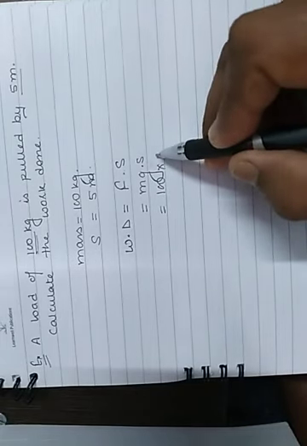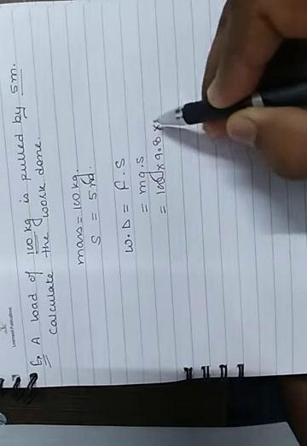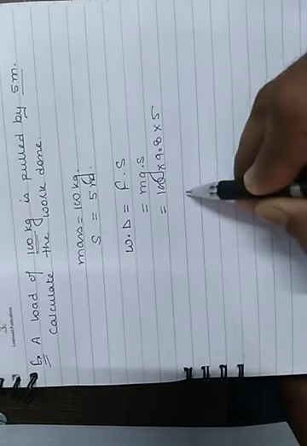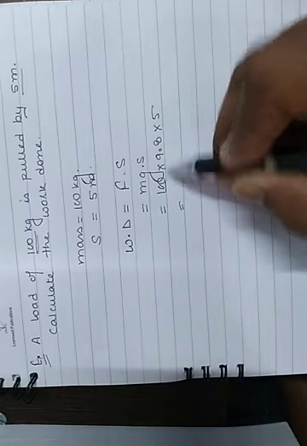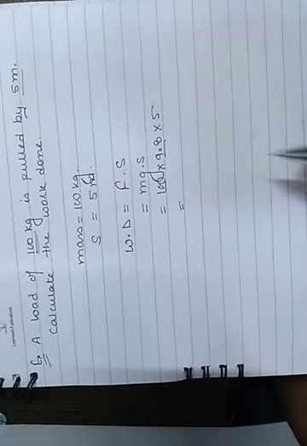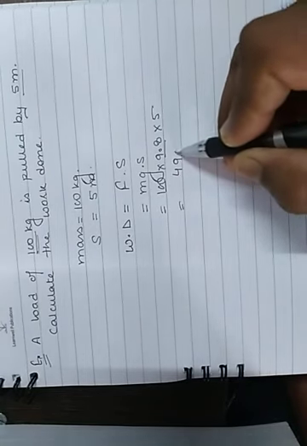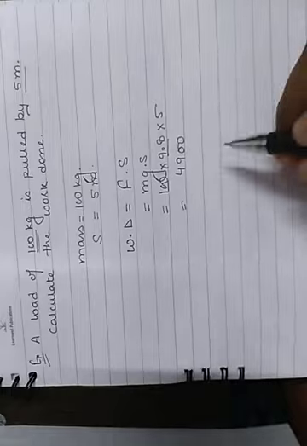Value of g, we all know, is 9.8, and displacement is also given, 5. So 100 into 9.8 into 5 equals, I think, 4900, and the unit of work is joule.